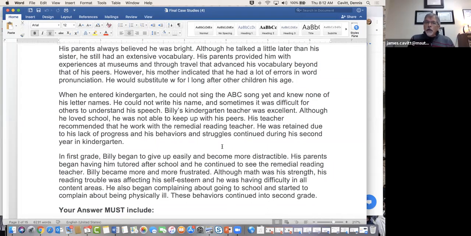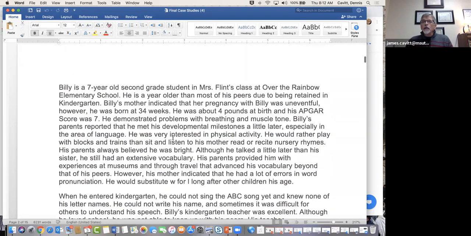The secondary category would be speech and language impairment, specifically language impairment. His expressive language was very poor, so that's an expressive language disorder, but specifically speech and language impairment. Now, does that help you guys walk through this case?